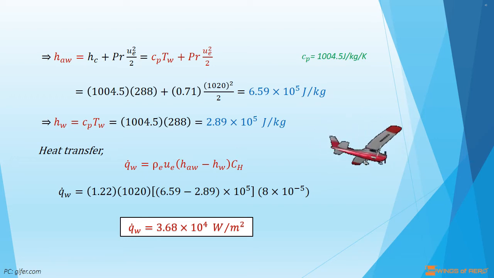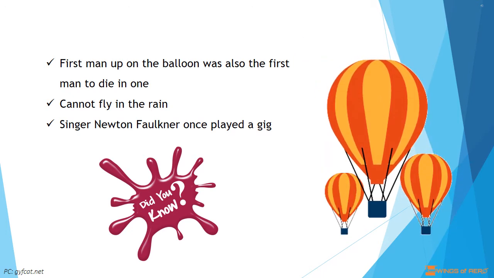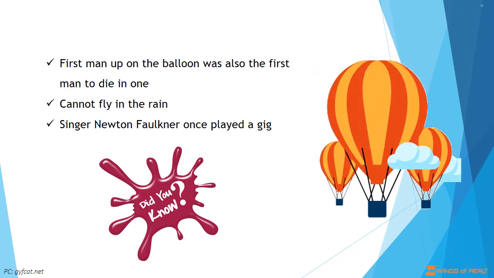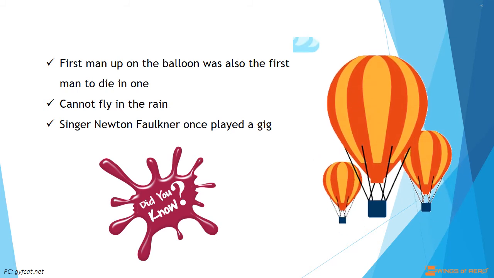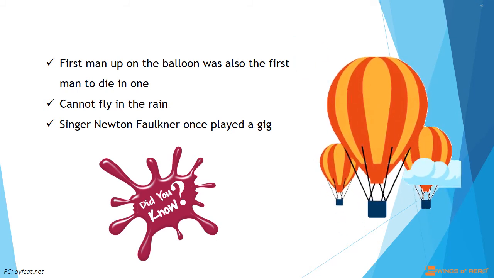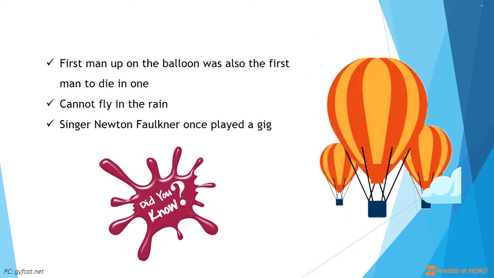Did you know? The first man up in a balloon was also the first man to die in one. Unfortunately for Francois, his tenure as a hot air balloon pilot was short-lived. A couple of years after his successful test flight, he decided to move on to more ambitious projects. He designed a balloon which he claimed would be able to cross the English Channel.